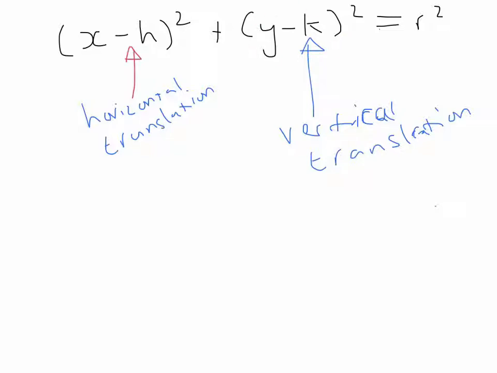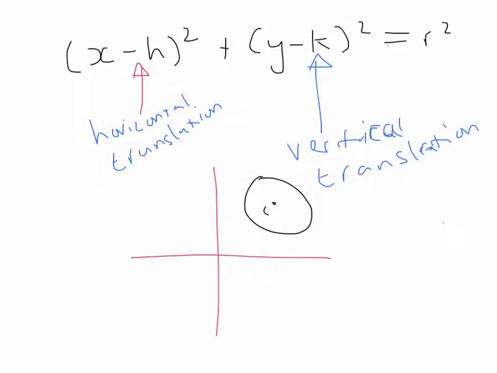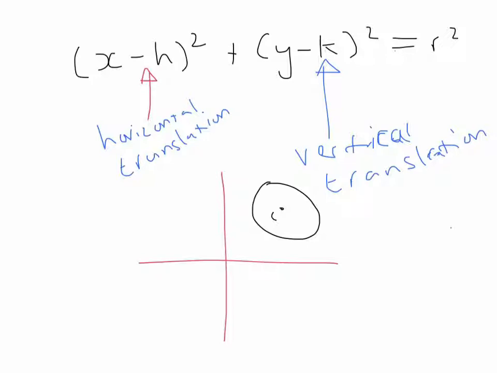So if our equation has a minus h and a minus k, then our graph can look like this, with that center point there being h, k.